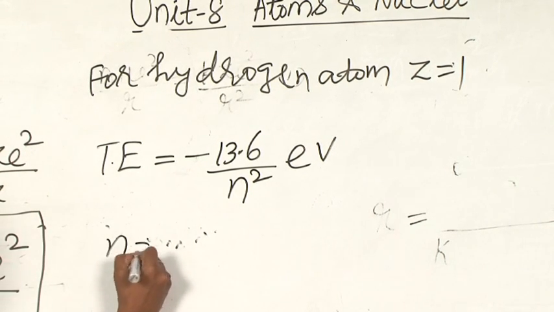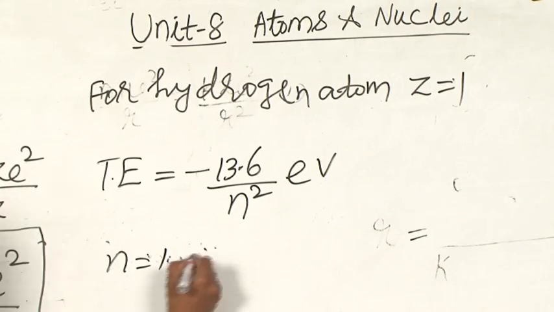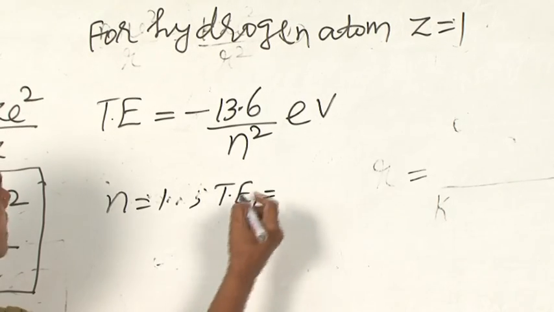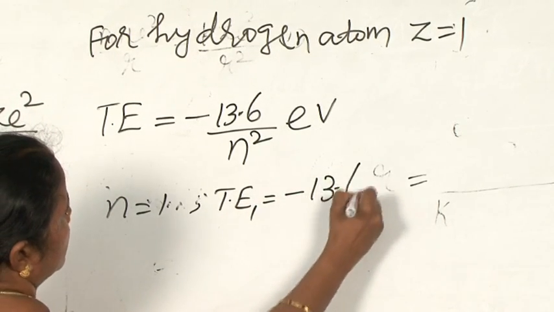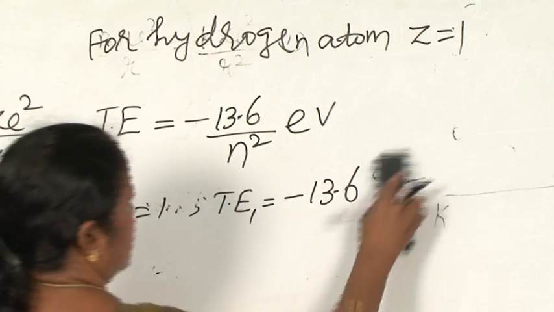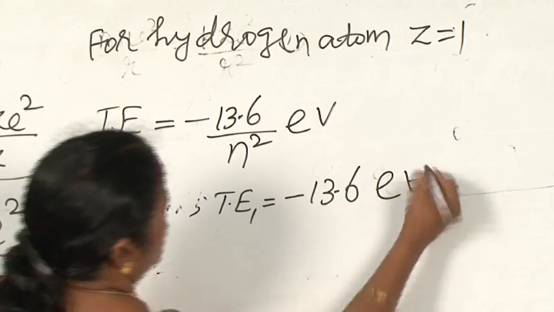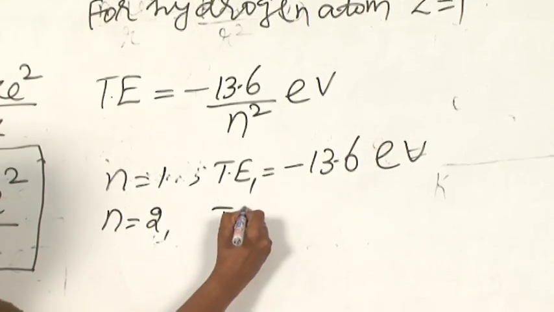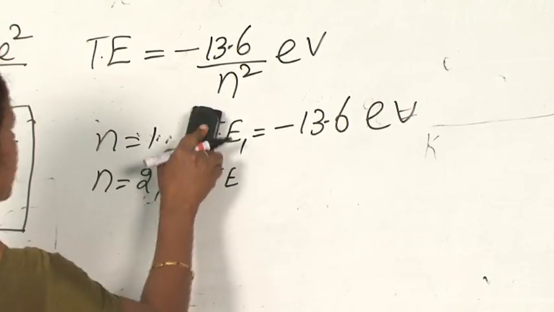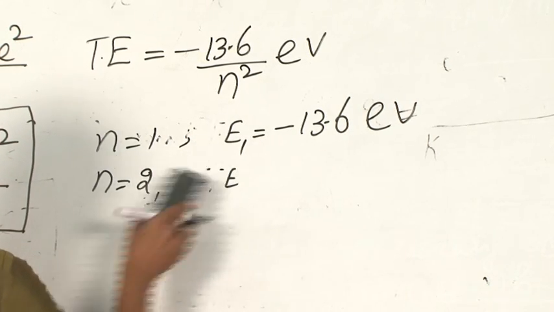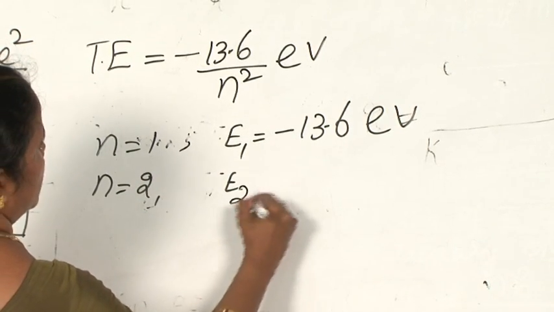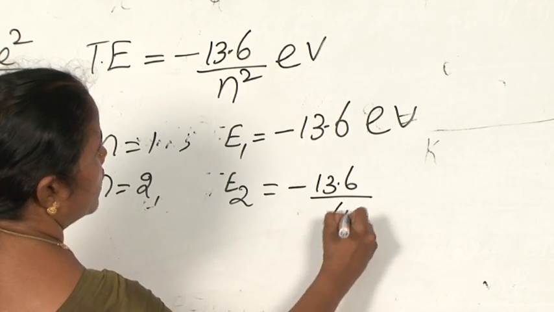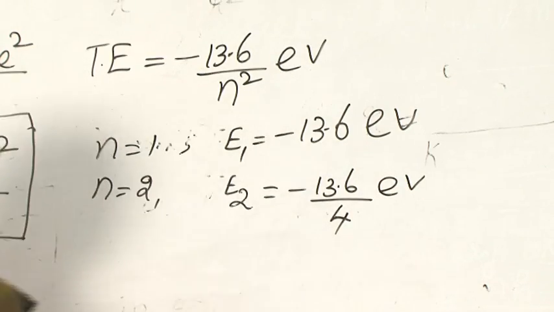If n is equal to 1, the energy of the electron in the first orbit will be minus 13.6 electron volt. If n is equal to 2, E2 is equal to minus 13.6 divided by 4 electron volt.